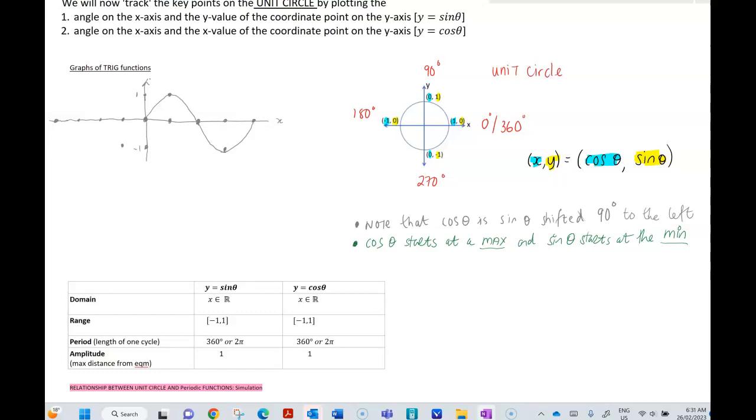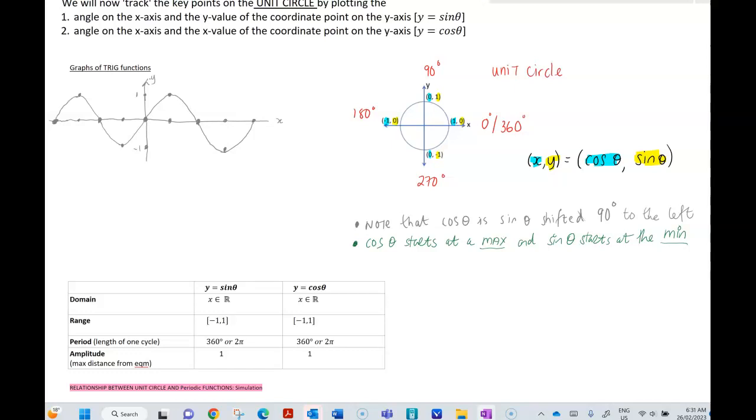Going to -180, my y value is 0. All the way around to the top there at -270, my y value is 1. And then back to -360 where my y value is 0. So we can move backwards as well, and that will give us our continuous sine graph that you see over there.